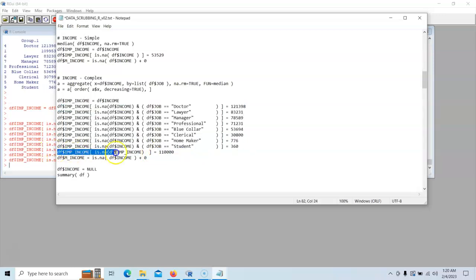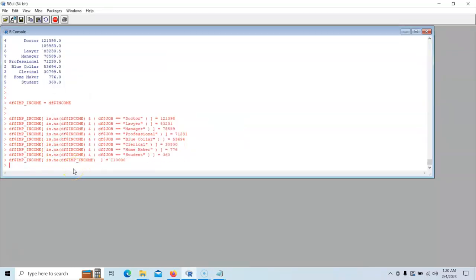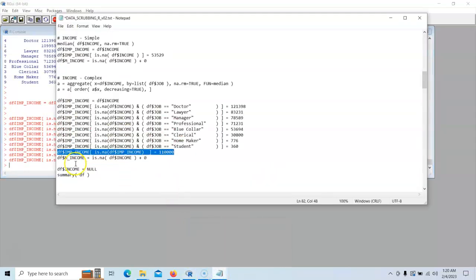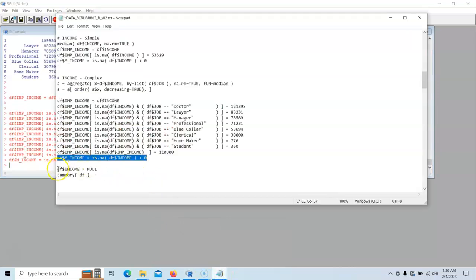So that's the very last thing we do. And then we, of course, create our flag variable here. And then, as always, we get rid of the original variable. We don't need him anymore.